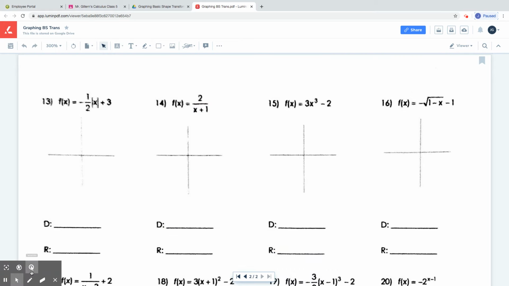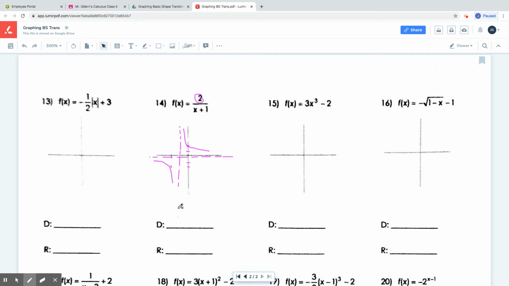Hey guys, I don't know what just happened. It paused. Hopefully you saw me finish the last one. In case you didn't, it was at -1. This was at 0. I take this. I go up 2 to the right 1. I go down 2 to the left 1. I make my curves there and there.